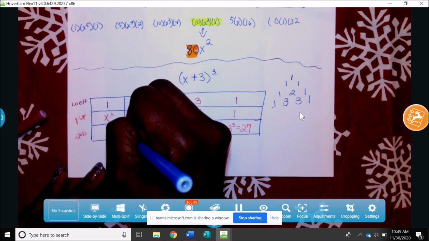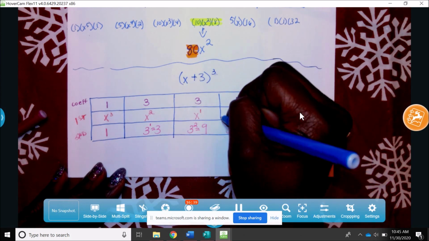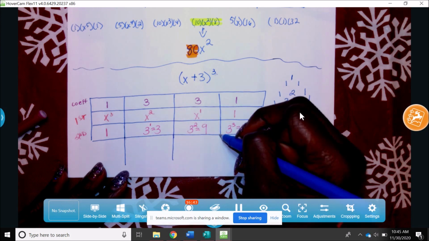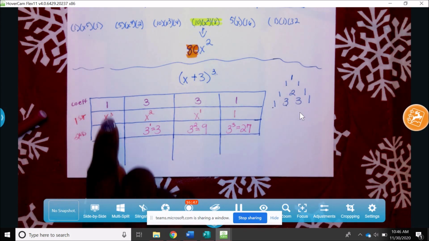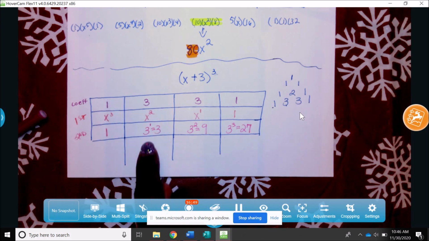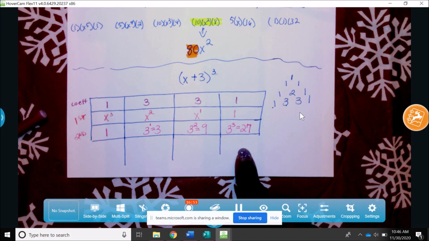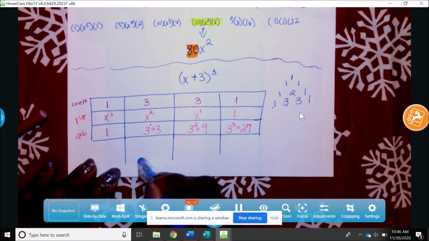Okay, at this time, we're going to separate them so that we don't get confused. And we're going to multiply all of our factors together in the boxes. And they are going to create our answer.